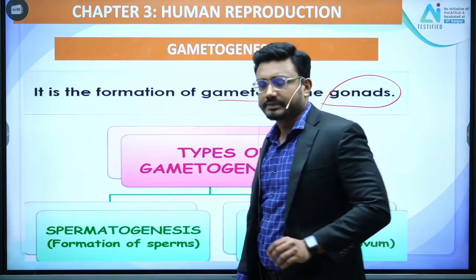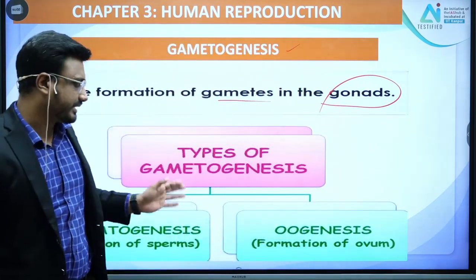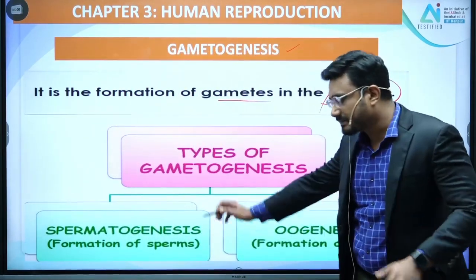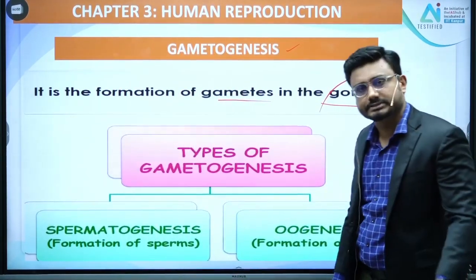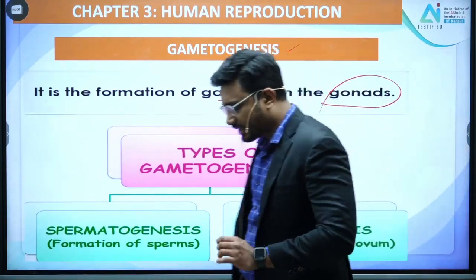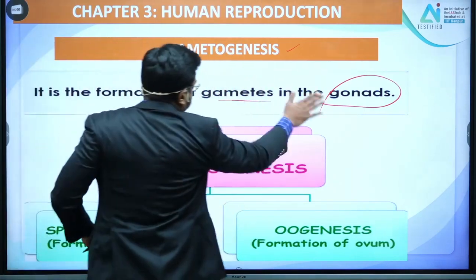Gonads are the primary reproductive sex organs in males and females. The types of gametogenesis are spermatogenesis, that is the formation of sperms, and oogenesis, which leads to the formation of ova. Now let's move on to the next concept.